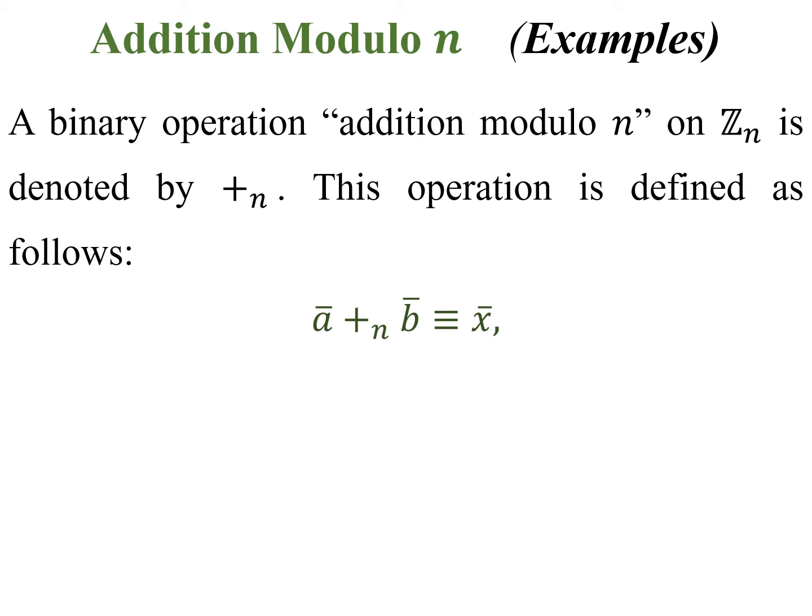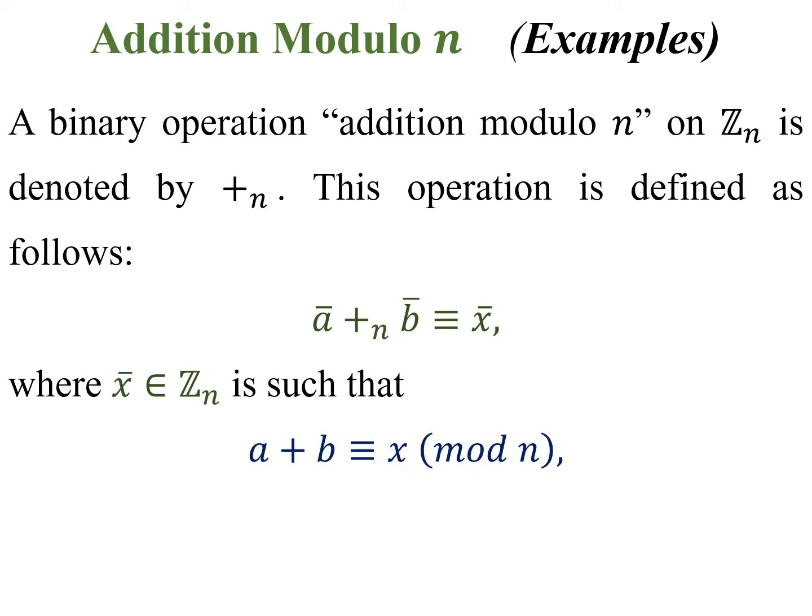This x is the remainder when a plus b is divided by n, where class of x belongs to Zn, and it is such that a plus b is congruent to x modulo n, means when we divide a plus b by n, we will get x as a remainder. And such class of x is nothing but class of a plus n class of b.